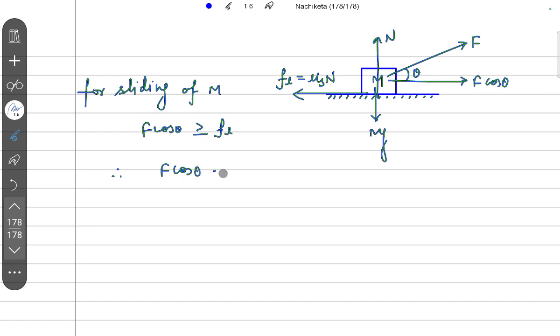So for the limiting case or minimum case, we will just take F cos theta equals FL. Now N is how much? N plus F sin theta, mind it, this has to be equal to mg.